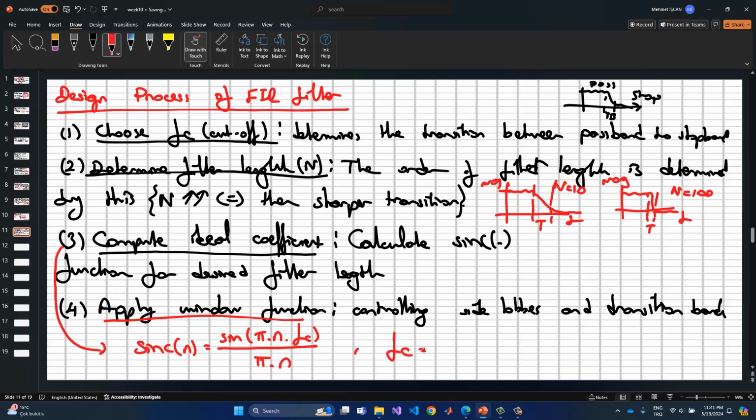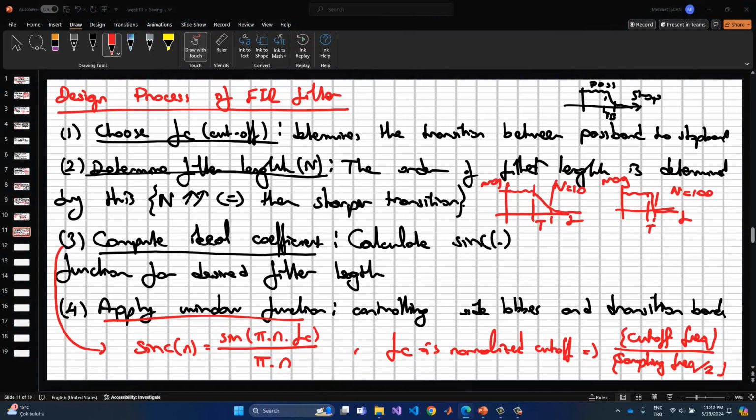Also, fc is the normalized frequency, because the theorem dictates this is the normalized cutoff frequency, which equals the cutoff frequency divided by the sampling frequency divided by 2. This is the Nyquist criteria, the desired cutoff frequency, and so this should be calculated in here, and fc is applied in here because the sinc function is in normalized form in this case. Just remember that, coming from the proof.